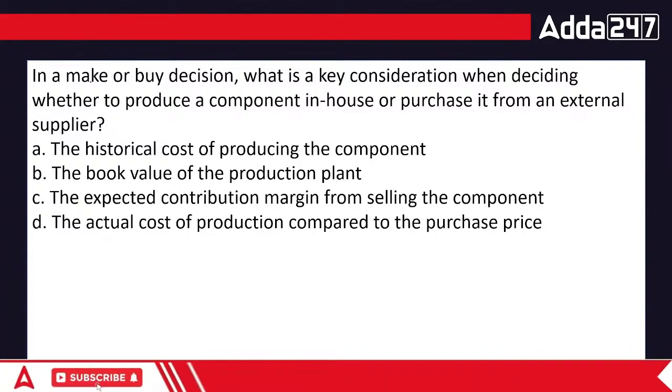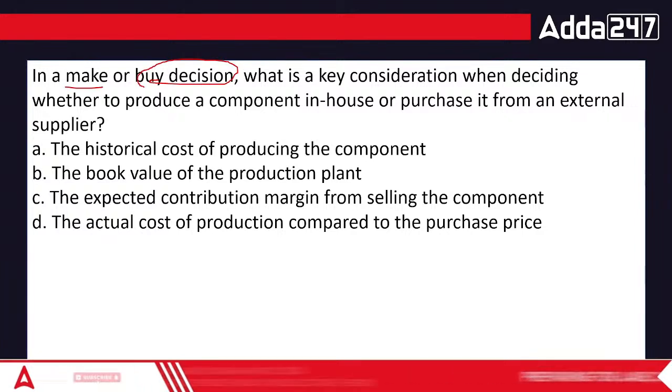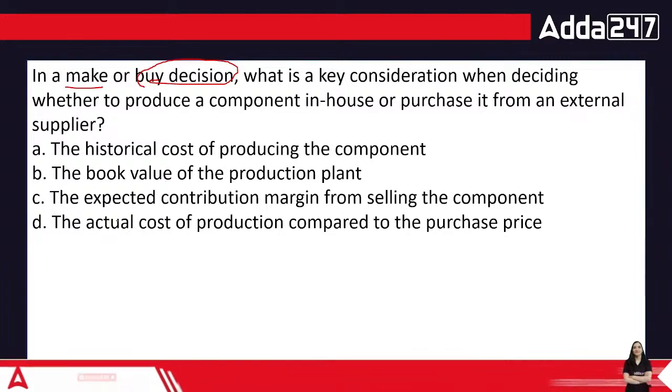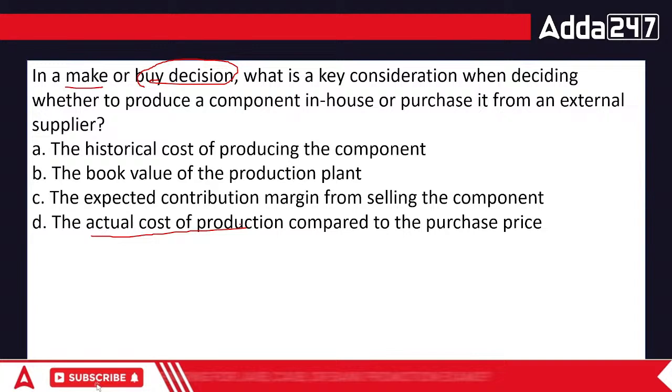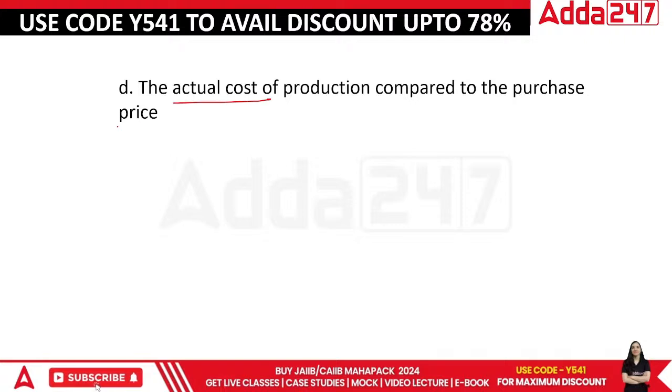Basically, when you are taking a make or buy decision, meaning whether we should manufacture it on our own or buy it, it is always based upon your actual cost and your purchase price. It is based upon these two things.